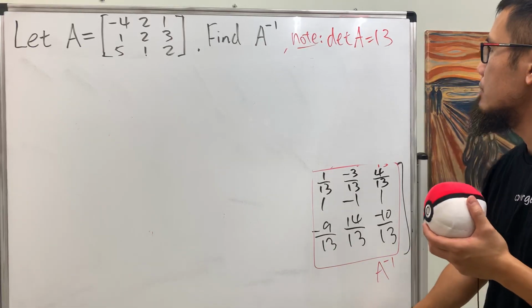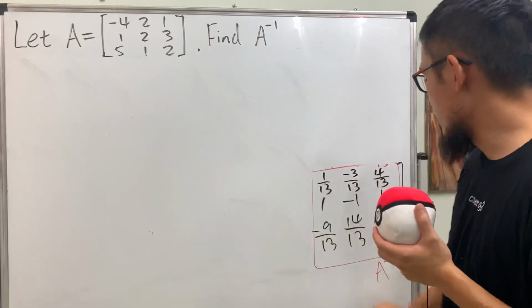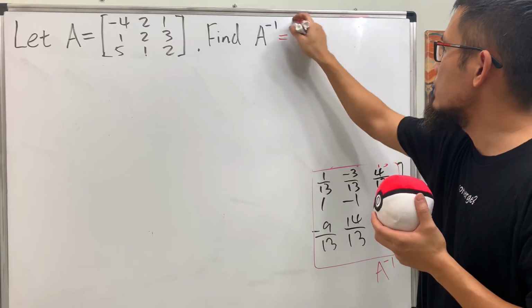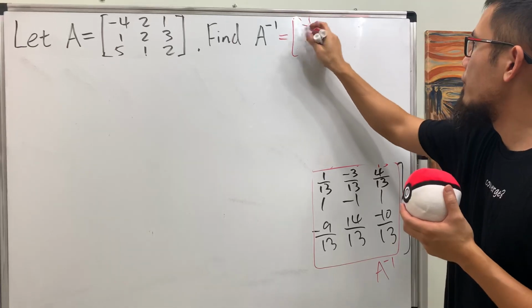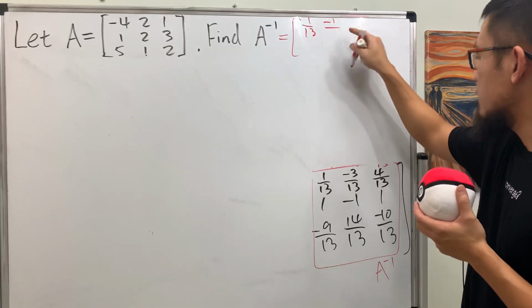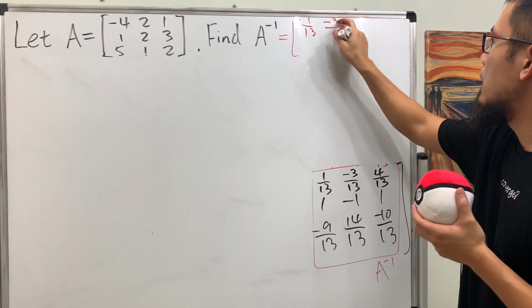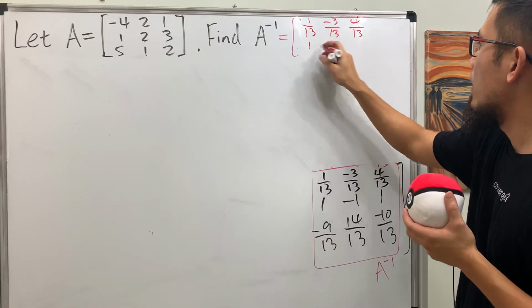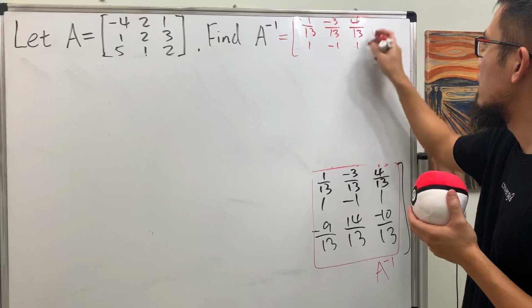And perhaps I'm going to just write that down right here so I have more space. So we actually got the answer. This is equal to 1 over 13, negative 3 over 13, and then 4 over 13, 1, negative 1, 1.